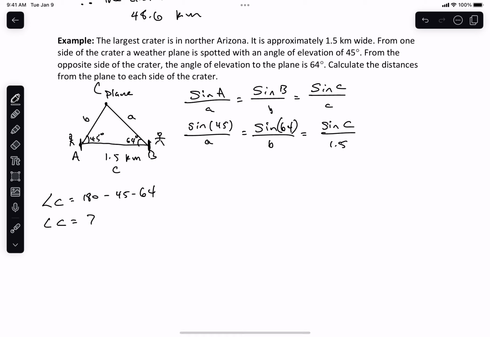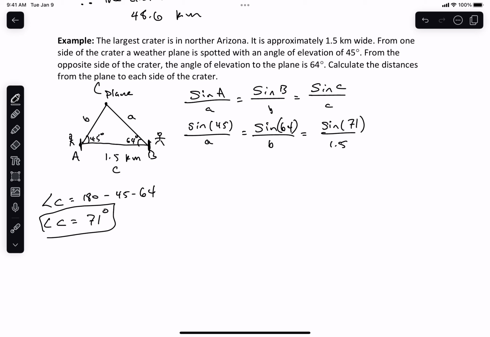You should find that to be 71 degrees. So I can now fill in C as being 71.